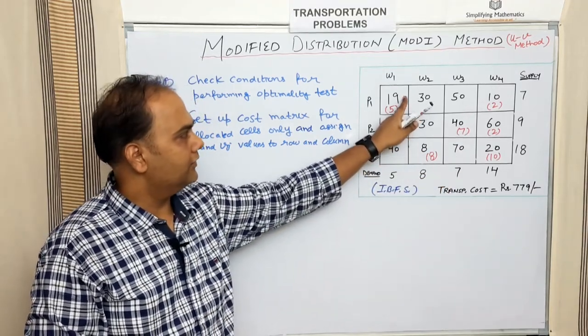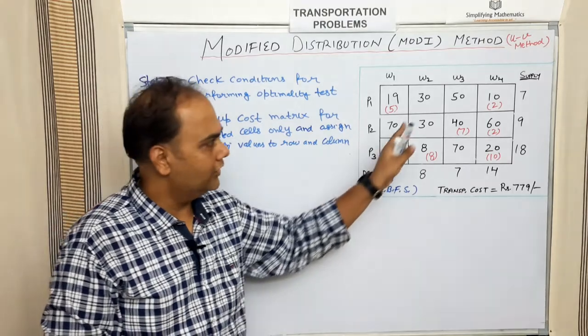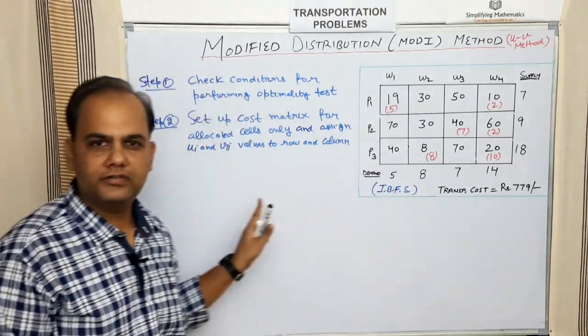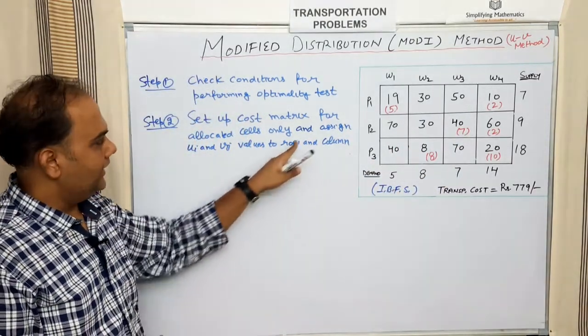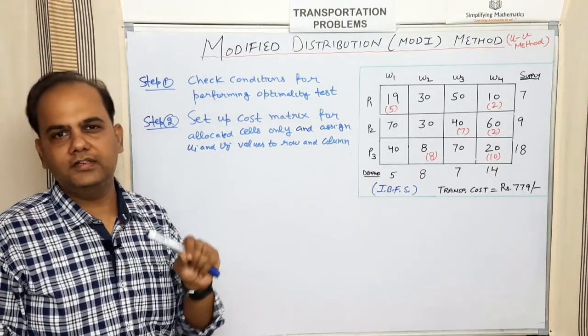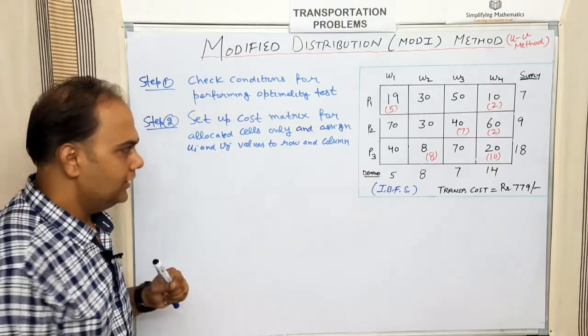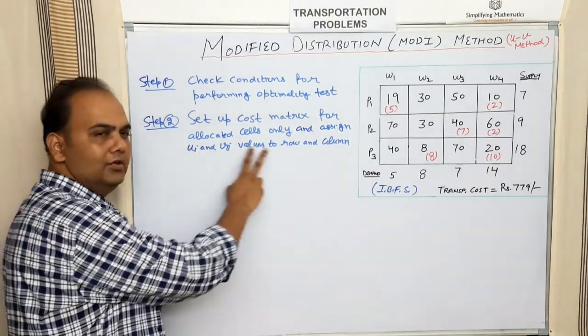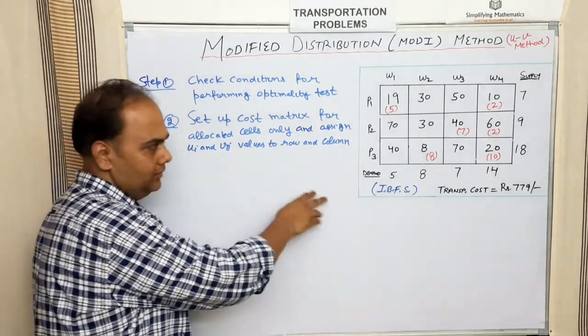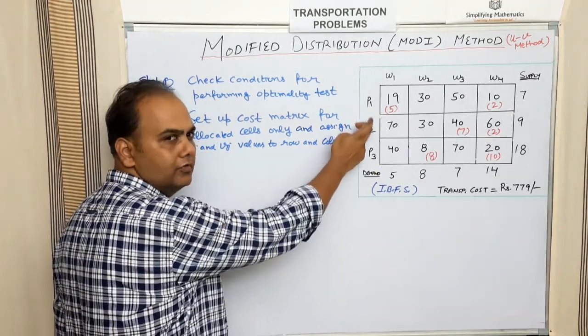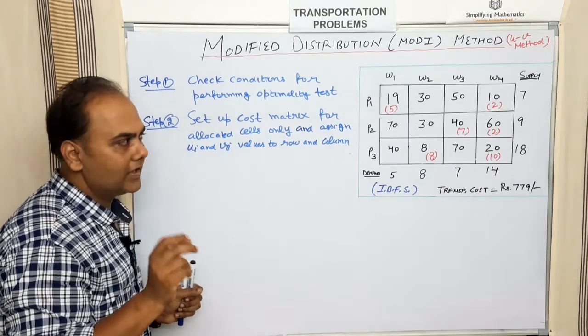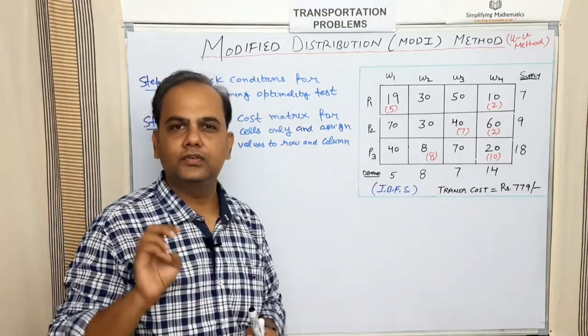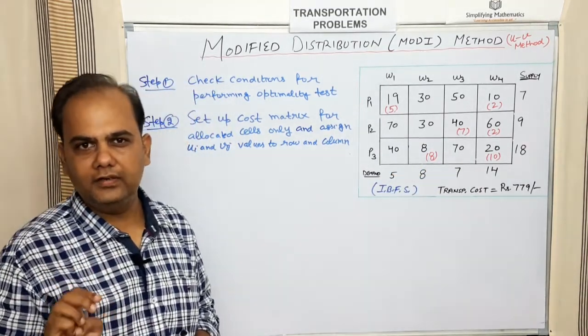Corresponding to 5, the cost is 19. We have to put all these costs in the new matrix and assign ui and vj values to each row and column, that is ui for rows and vj for columns. So 3 rows are there, so it will be U1, U2 and U3, and 4 columns, so it will be V1, V2, V3 and V4.